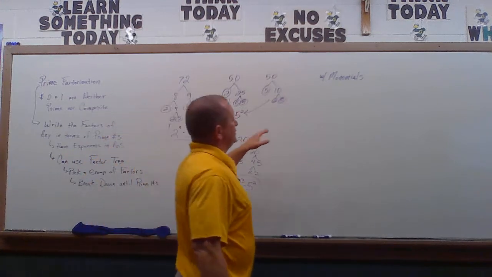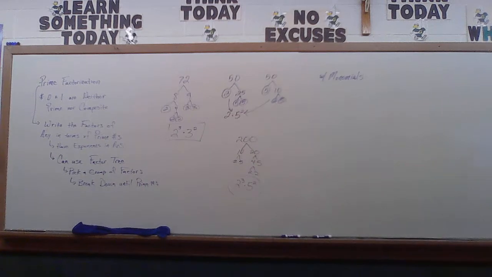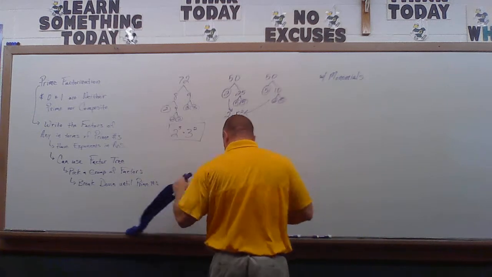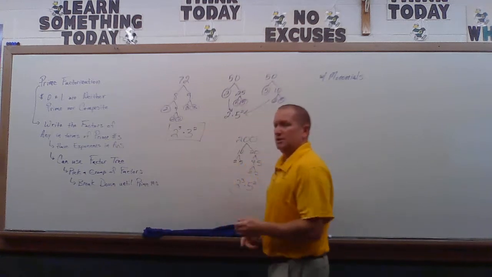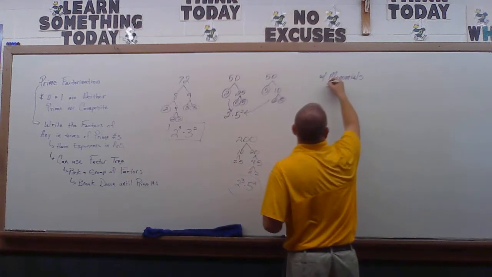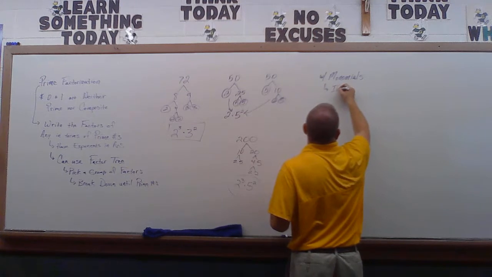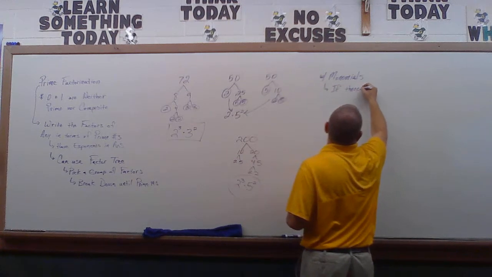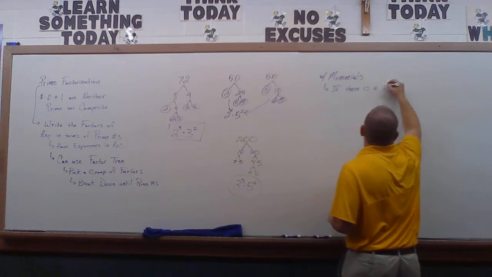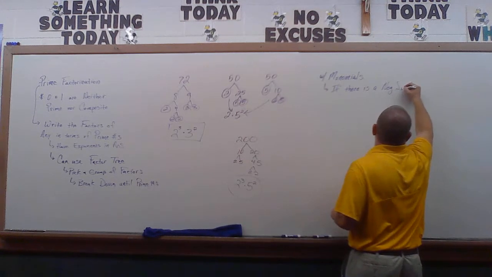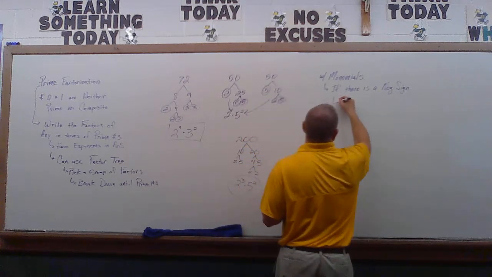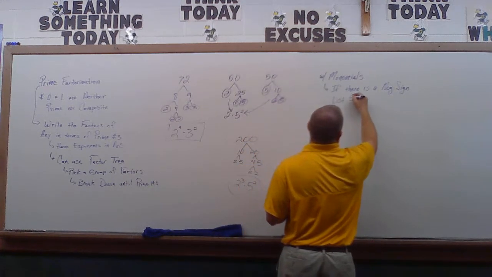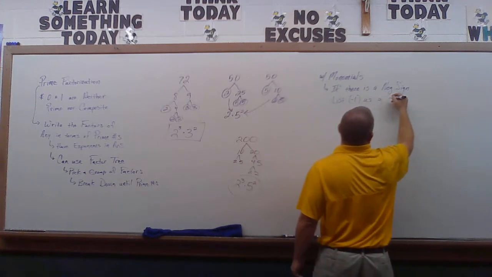Okay, so when we talk about monomials, now we're going to include variables sometimes. So when you do these parts, one of the things that you have to remember, and maybe even over here with the numbers, but especially with monomials, if there is a negative sign in front of whatever monomial you're talking about, you need to list -1 as a factor.